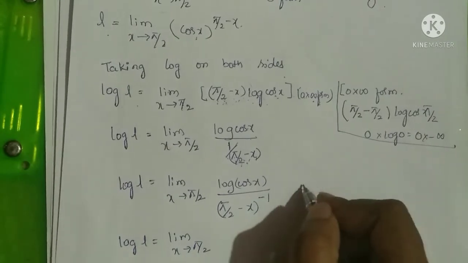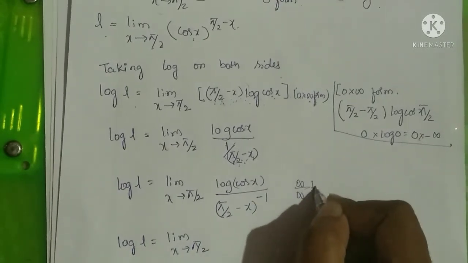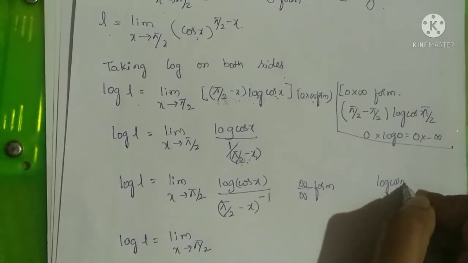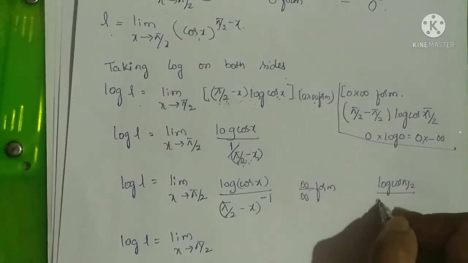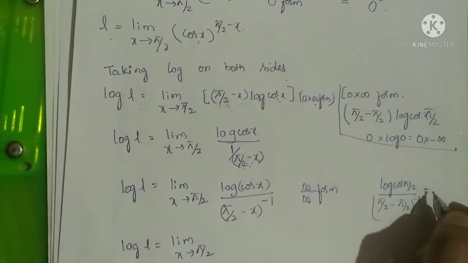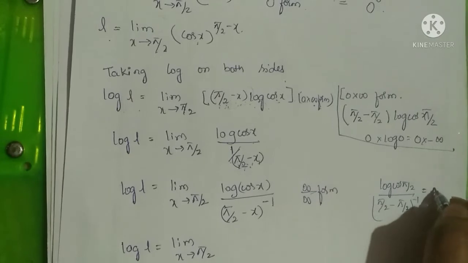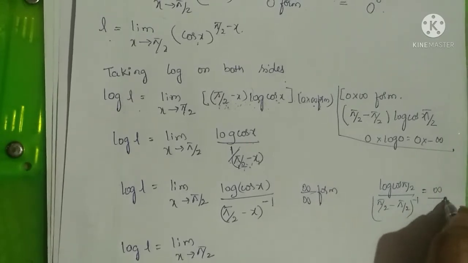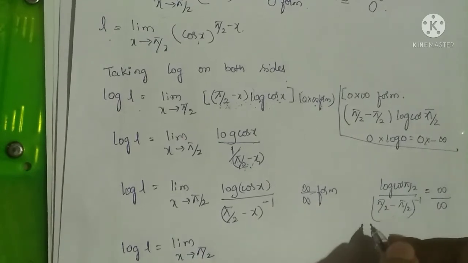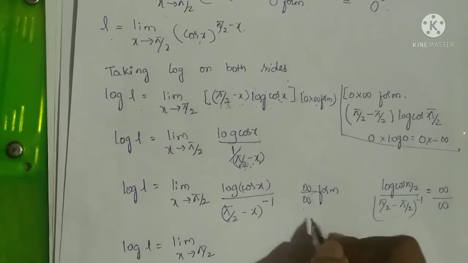How? Log cos pi by 2 divided by (pi by 2 minus pi by 2) to the power of minus 1: log cos pi by 2 is infinity, and (pi by 2 minus pi by 2) to the power of minus 1 is infinity.